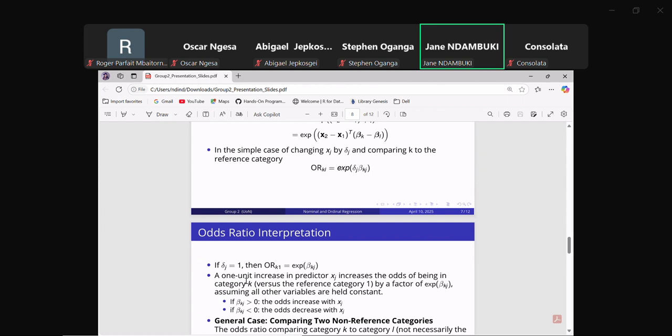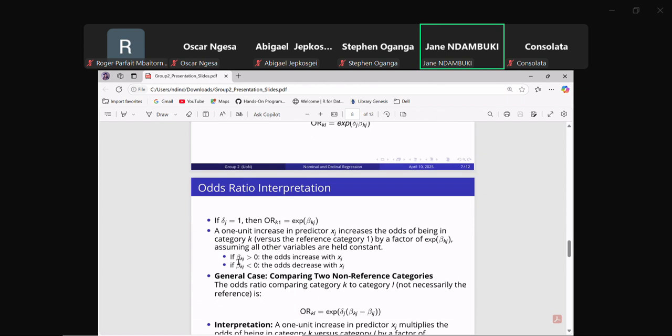So a 1 unit increase in predictor x_j changes the odds of being in category k. If exponential beta_kj is greater than 1, then the odds increase with x_j. If it is less than 1, then the odds decrease with x_j. This is the general case when we are comparing two categories where neither is the reference category.